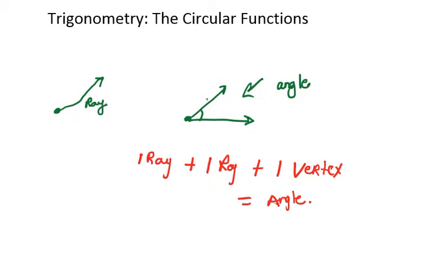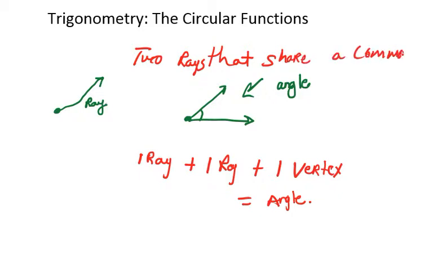So a general definition: an angle is two rays that share a common vertex, as we can see here.